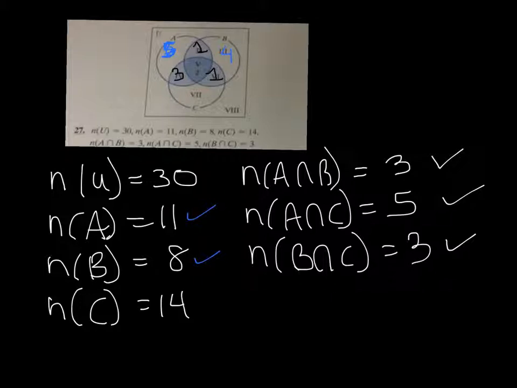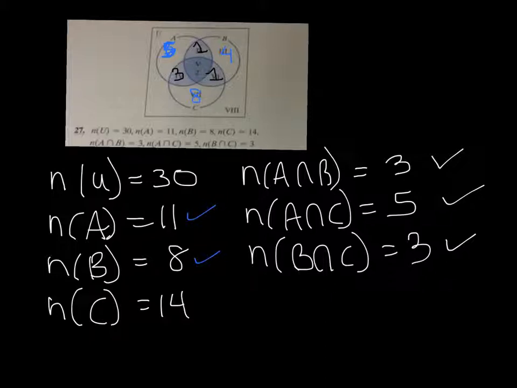Then finally, the cardinality of C is 14, so this set should add up to 14 elements. So there's 3 plus 2 is 5, plus 1 is 6. So 6 plus what gives us 14? This should be 14 minus the 6, which is 8. So I will put 8 in here.